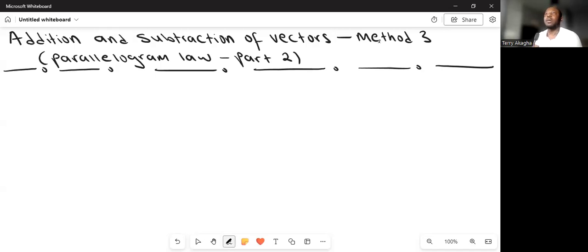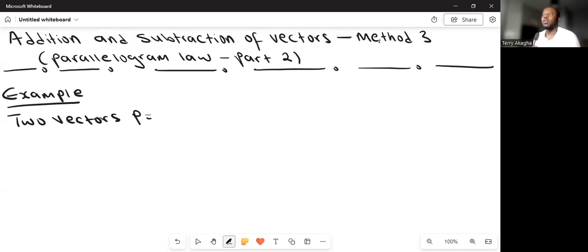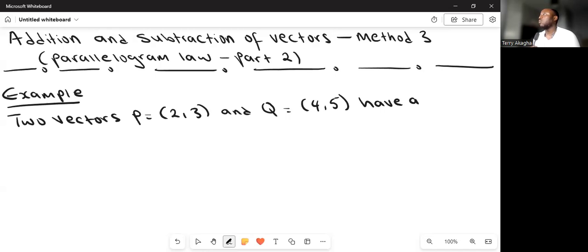Let's pick this example here. We're told that we have two vectors, P equal to (2, 3) and Q equal to (4, 5), and we have an angle of 60 degrees between them.